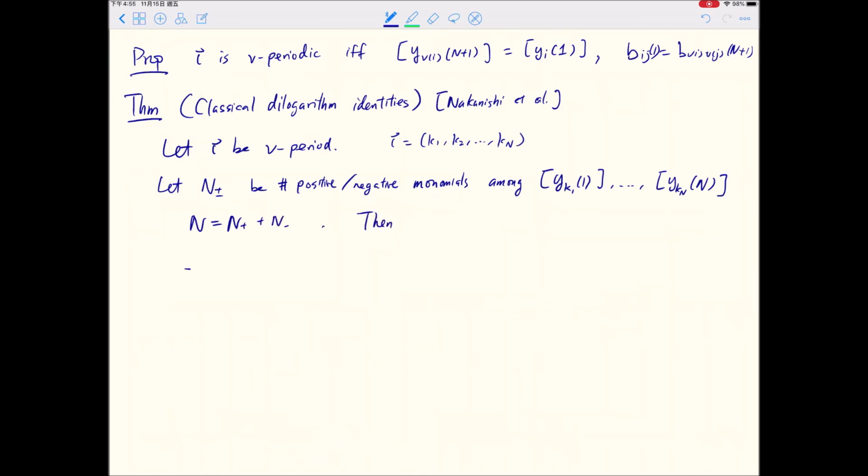Then the dilogarithm function, the Rogers version, has the following identity. Either you have the minus version or you have the plus version.